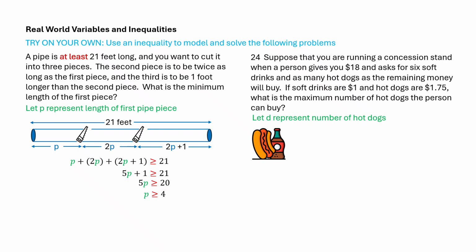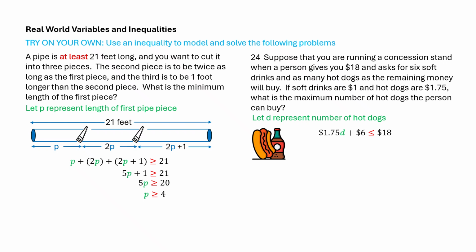Let's write out what we already know. So you have $18, so that's a limit. You can't spend more than 18, so that's going to be less than or equal to $18. We have 6 drinks already bought, so that's 6 times 1, and then the hot dogs are $1.75 per dog. So that's $1.75 times D plus the $6 for the drinks, less than or equal to $18.